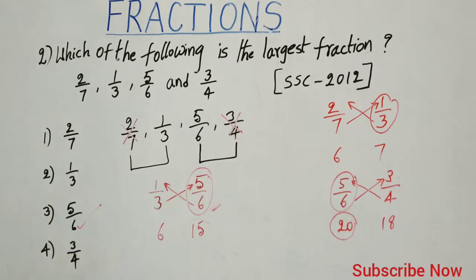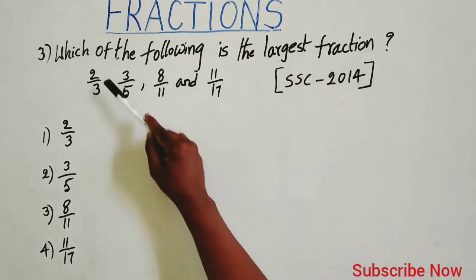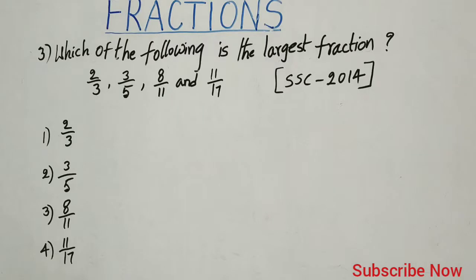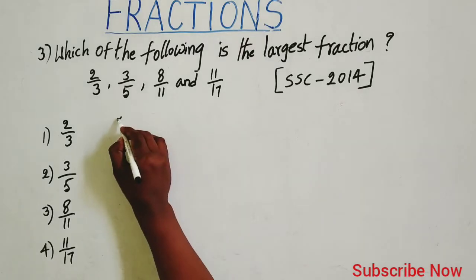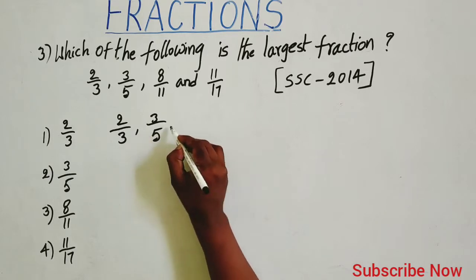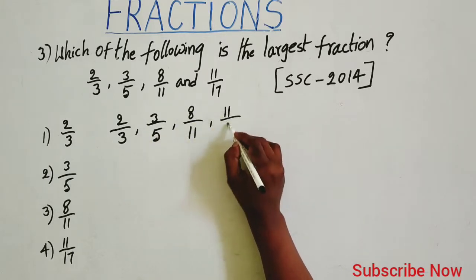Now let's go to another one. Which of the following is the largest fraction? 2 by 3, 3 by 5, 8 by 11 and 11 by 17. Here the given fractions are 2 by 3, 3 by 5, 8 by 11 and 11 by 17.